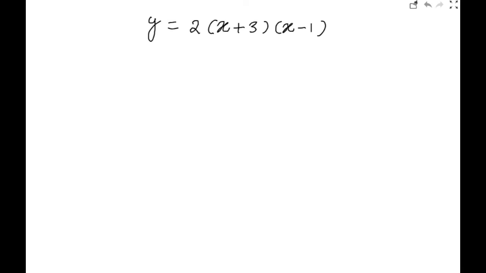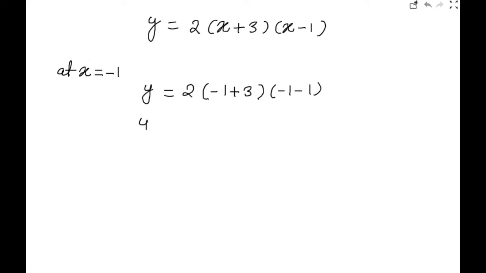We need to substitute the value of x as negative 1. So 2 times (negative 1 plus 3) times (negative 1 minus 1). We'll simplify this. It's going to be negative 8.